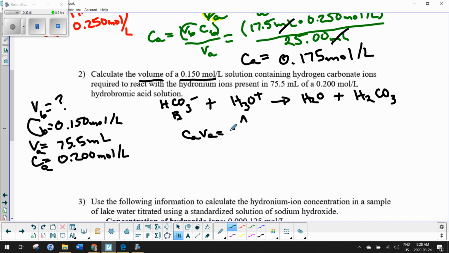CAVA equals CBVB. We want to rearrange to solve for VB. These two are being multiplied, so the opposite is dividing. We want to get VB by itself, so we want to move this puppy. Divide by CB. What you do to one side, you do to the other.